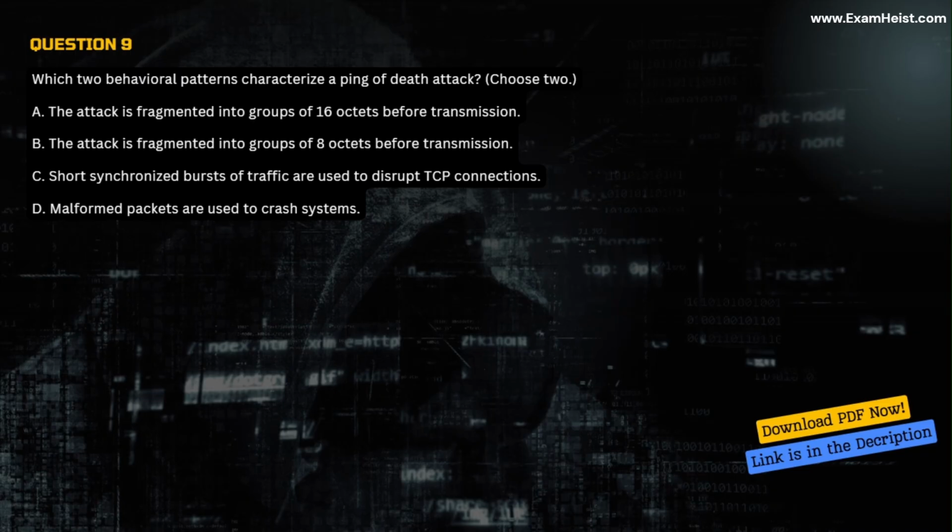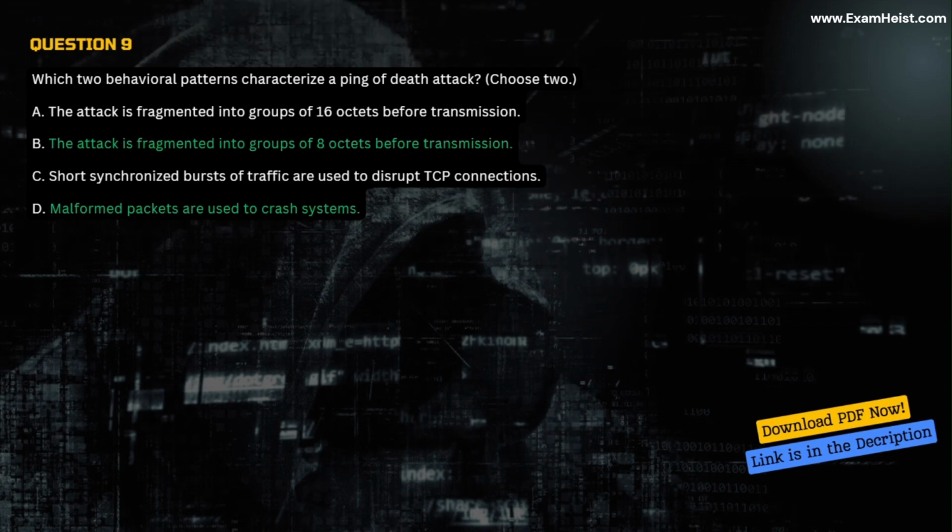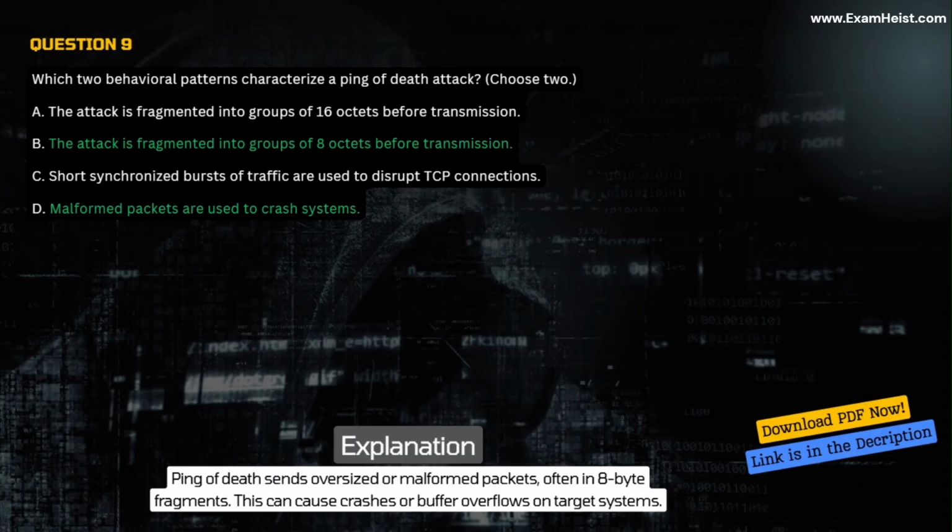D. Malformed packets are used to crash systems. Correct answer, B and D. The attack is fragmented into groups of 8 octets before transmission. Malformed packets are used to crash systems. Explanation. Ping of death sends oversized or malformed packets, often in 8-byte fragments. This can cause crashes or buffer overflows on target systems.